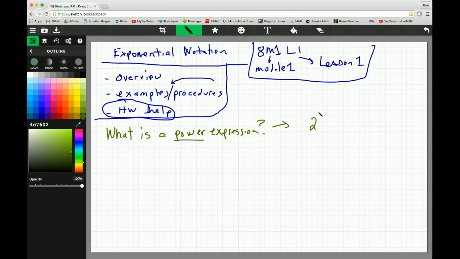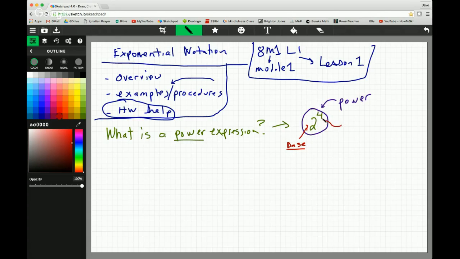2 to the 4th. Now, let's talk about this little symbol here. This whole thing here is a power. The whole thing is a power. Now, this part in here, this 2, is called your base.